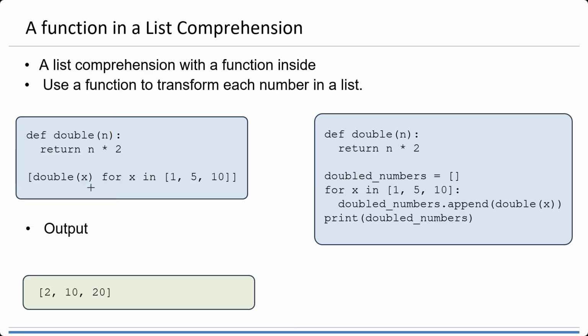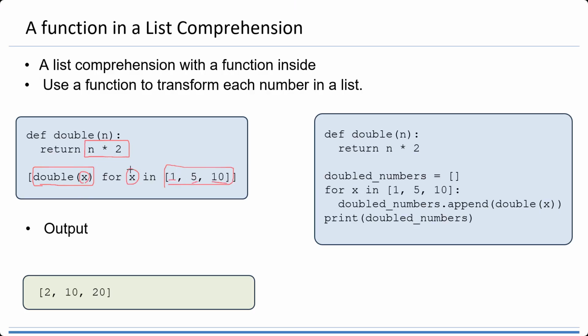Now, I would like to use this function double. Double means I want to multiply the number by 2. For every x, I will make it double. The x will be a number from this list, so we have 1, 5, and 10.